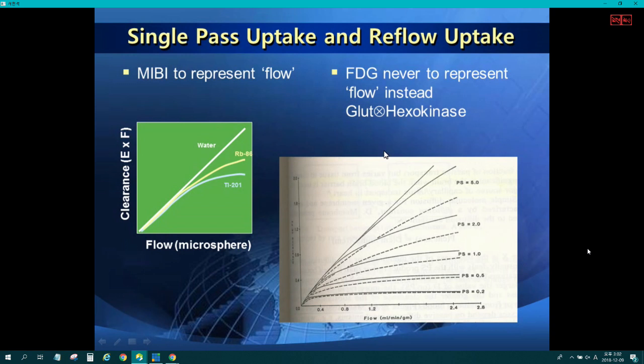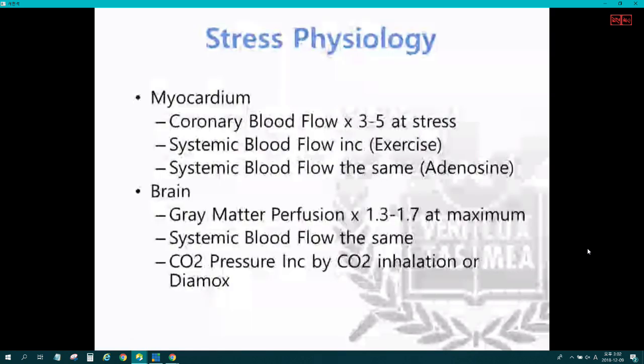Everybody was curious about the stress physiology, and the myocardial coronary blood flow increases 3 to 5 times. However, in the literature, you might find just 2 to 3 times. Which one is correct? Both are correct. At the age of 30s, your coronary blood flow is increasing at stress peak 3 to 5 times.